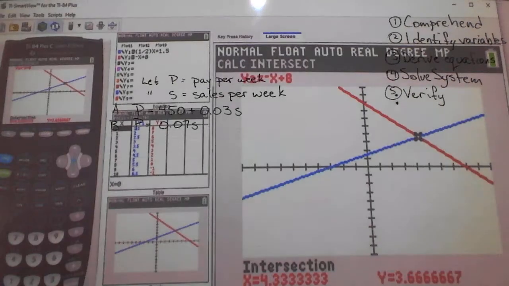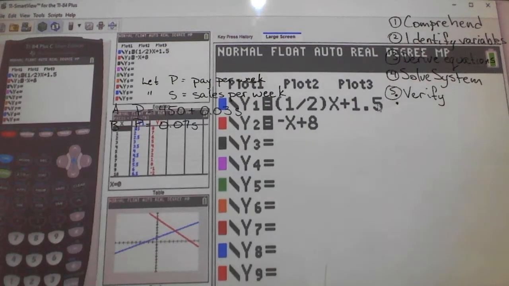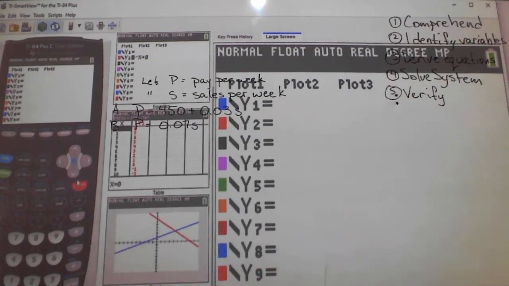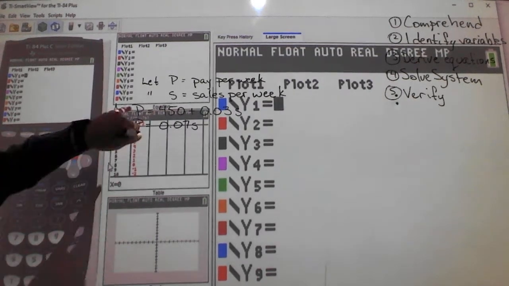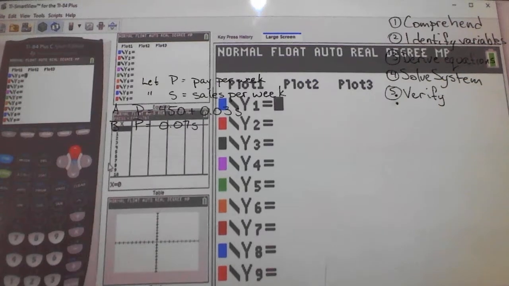So, graphing calculator, hello. Now, hopefully you're getting fairly familiar with this. Remember, we go to our y equals button in the upper left-hand corner. We get rid of any equations that are in there by pressing the clear key, cursor down, press clear again, and we enter our new equations. Our first one, we've isolated it for our dependent variable, P or Y, and it's 450 plus 0.03s.